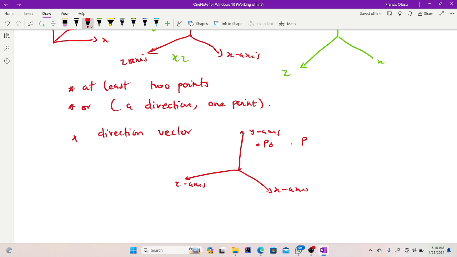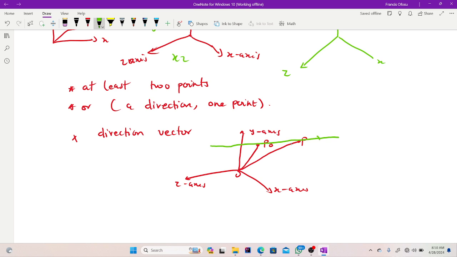These 2 points can be connected to the origin O to give me the position vectors of P naught and P. Then I can join my 2 points to give me the line I'm looking for.